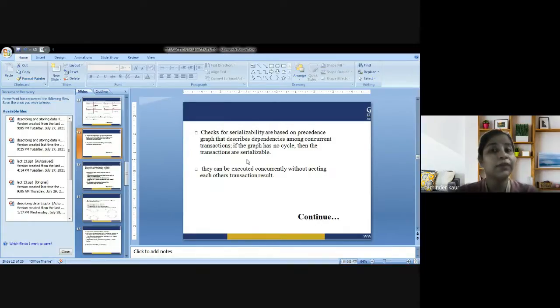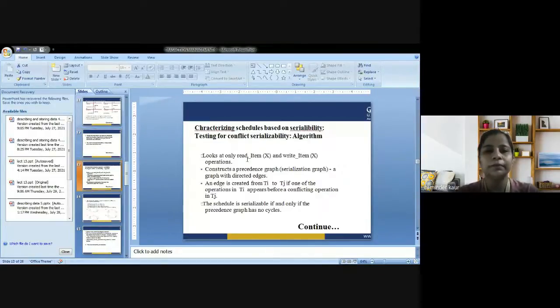If the graph has no cycle, then the transactions are serializable. If there is a cycle, then what will happen? It will be aborted, or rolled back. So they can be executed concurrently without affecting each other's transaction results.